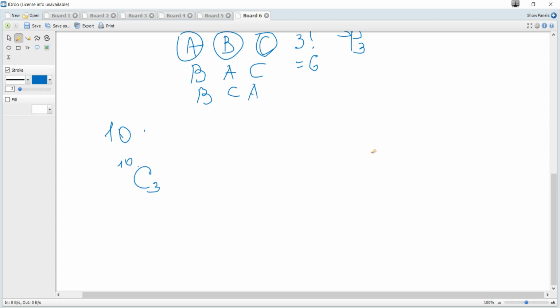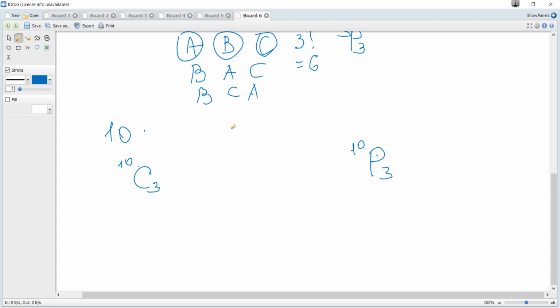But if you want to buy 3 cakes, and you want one to be eaten for breakfast, another for lunch, the third for dinner, order is important, so it will be permutation 3 out of 10. Or if you choose indistinguishable objects, there are 3 factorial ways to rearrange them, and you get the number of permutations.